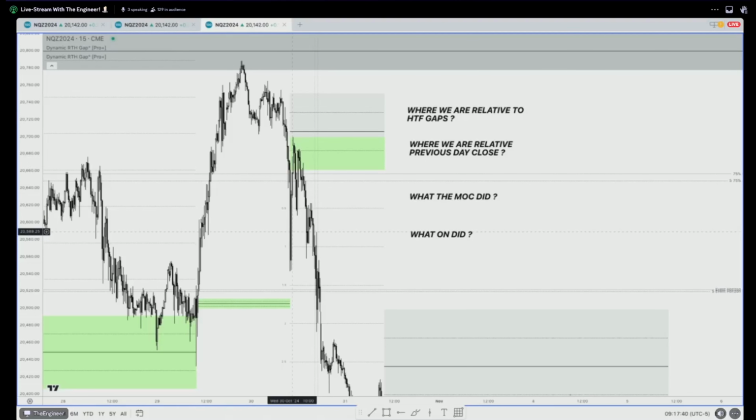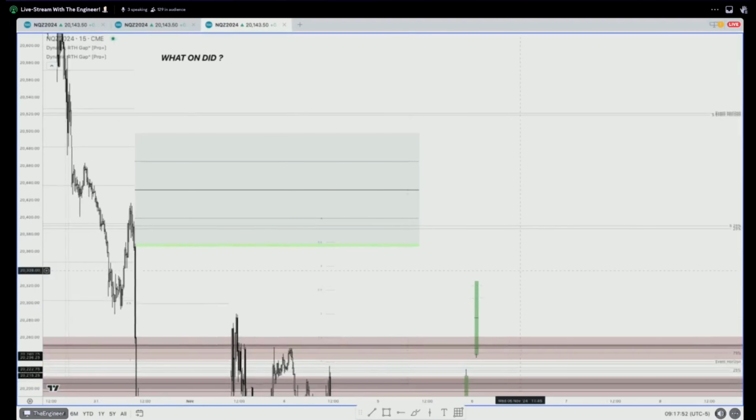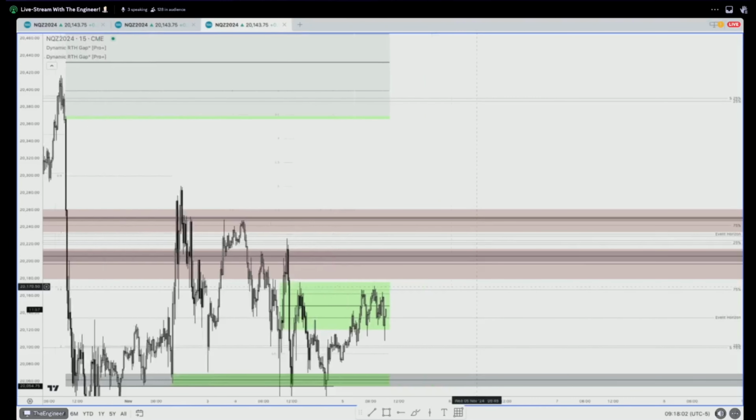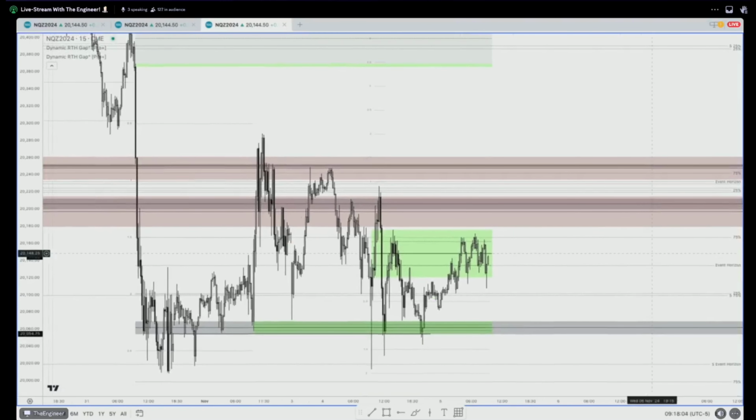I got a question in the chat I want to annotate here. Dell says, looks like there will be no RTH gap today. Let's pretend it's not a US election day. What's the protocol on a normal day with a small gap? What are your thoughts when there's a small gap that opens up? Like what's the internal dialogue? And then I think it would probably be appropriate right now to end the theory.